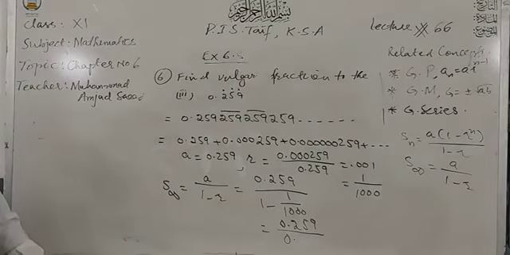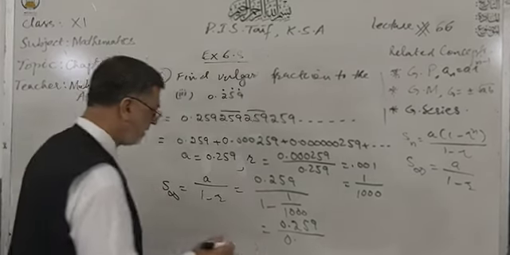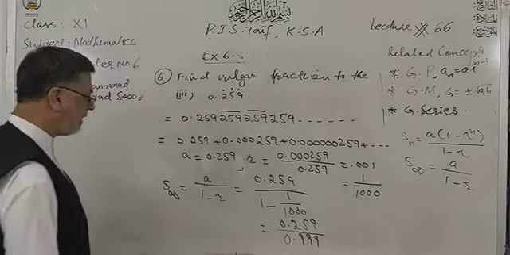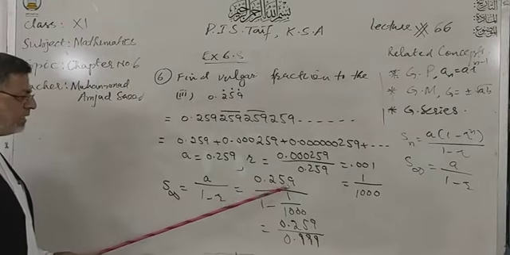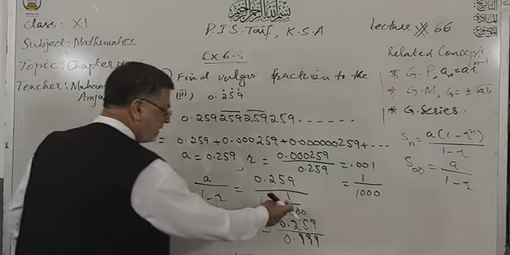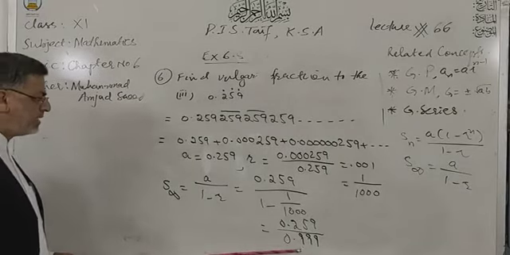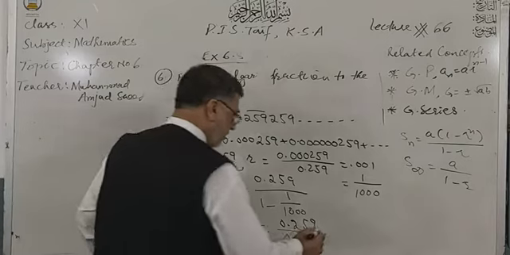Yes, 0.999. Actually, it was 1000 minus 1, that is 999 divided by 1000, and divided by 1000 means 0.999.